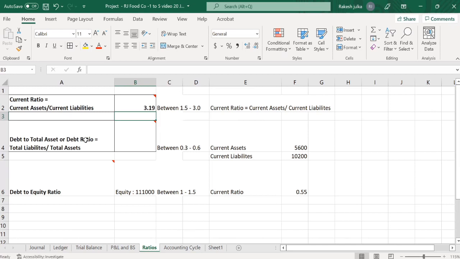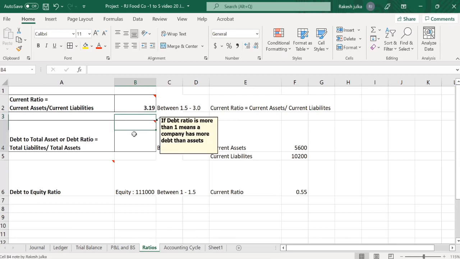The debt means the total debt. Total debt means the total liability. Total liability means short-term liabilities as well as long-term liabilities. I'm repeating again, short-term liabilities as well as long-term liabilities.